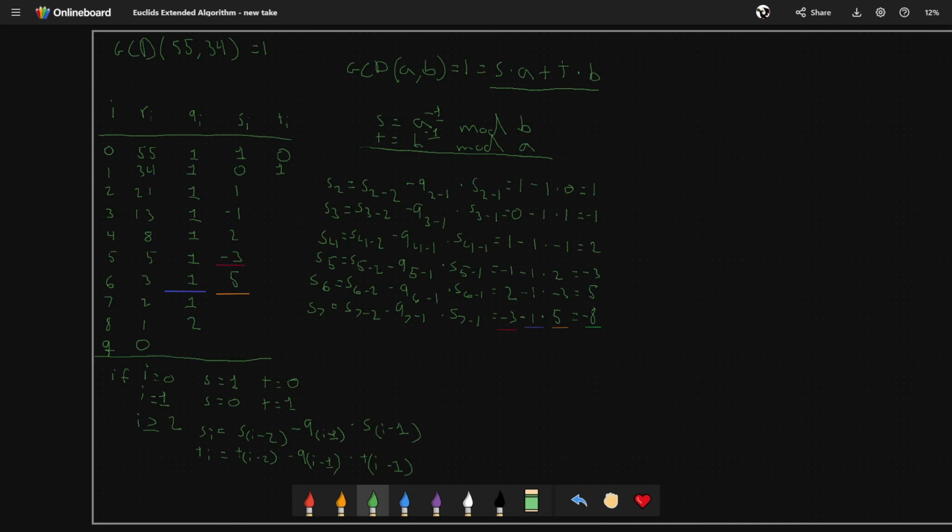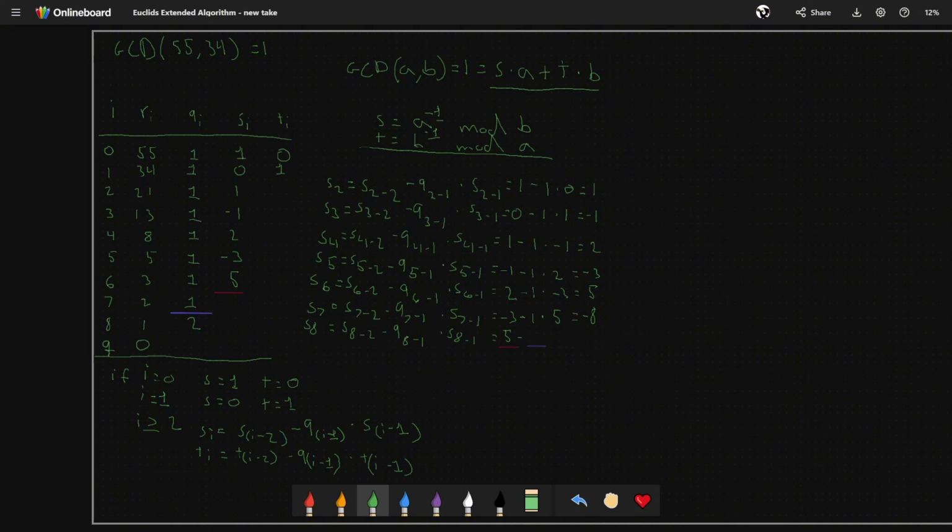And here in the final one, we'll have S8 is equal to S8 minus 2 minus Q8 minus 1 multiplied by S8 minus 1, which is equal to: S8 minus 2 is equal to S6. We found S6 to be 5. Minus Q8 minus 1. That's Q7.